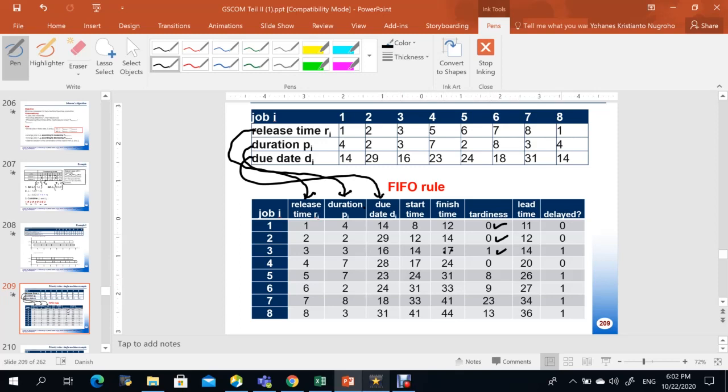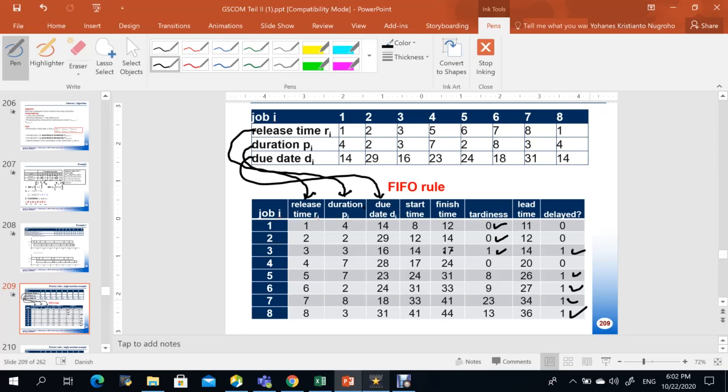Because of this tardiness, there is a delay. For instance, job number 1, no tardiness, no delay. But job number 3, there is a delay, alright? Also for jobs number 5, 6, 7, and 8. Okay?